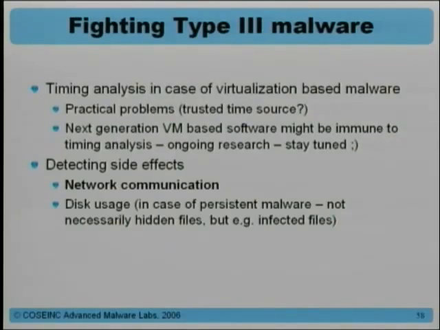And also we can look at disk usage, or we can analyze PCI-ROM or BIOS in case it was implemented as persistent memory. But actually then it wouldn't be type 3 malware, then it would be type 1 malware. So in the ideal case, when it's actually a non-persistent malware, analyzing disk usage doesn't help much.